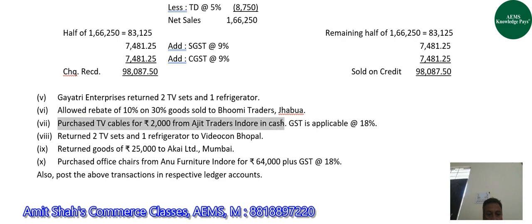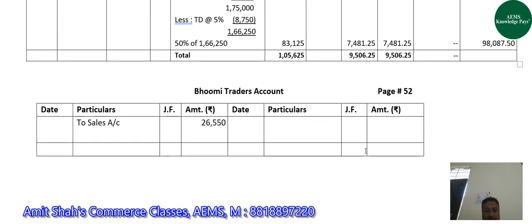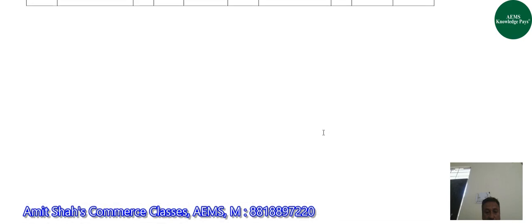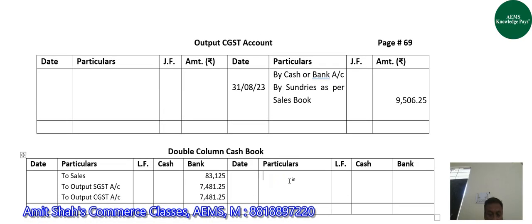This one: purchased TV cables for rupees 2000 from Ajit Traders Indore in cash, where GST is applicable at the rate of 18%. So that will also go in cash book. So here we will write by purchases account in cash column 2000, by input SGST account 9% 180, and by input CGST account 180.